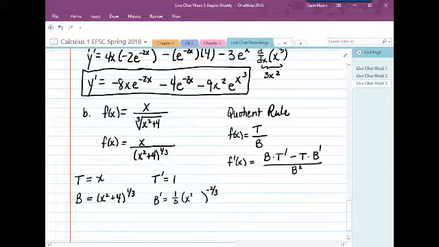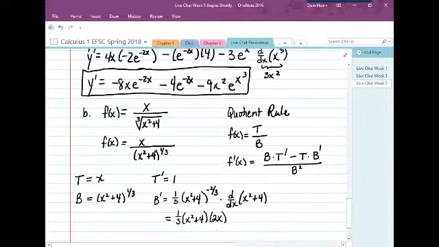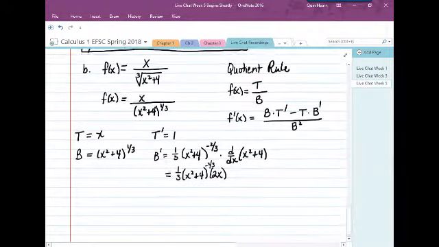But we leave that x squared plus 4 plugged in, and then to compensate for the fact that it wasn't an x, we take the derivative of x squared plus 4 and multiply it. So b prime, the derivative of the bottom, is 1/3 times x squared plus 4 to the negative 2/3 times the derivative of x squared, which is 2x. The derivative of 4 is 0, so we don't need that. Oh, and I still need my power here. We don't want to lose that.